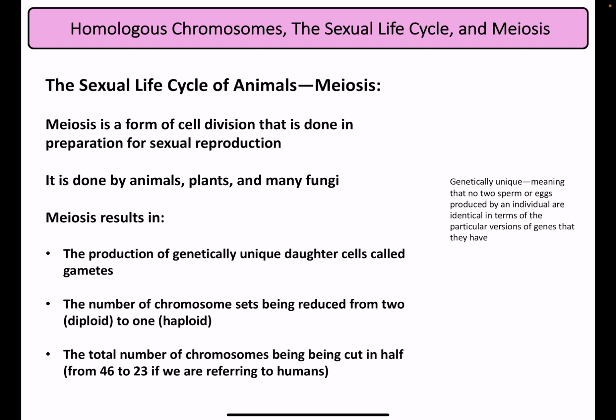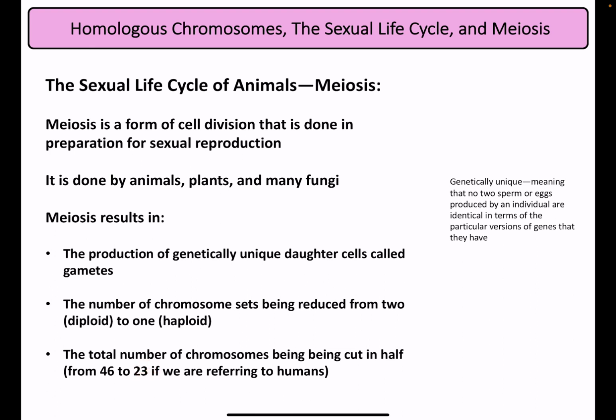And then lastly, most cells in your body, including the cells that we're going to start with, the parent cell in meiosis, have 46 chromosomes in total. But as a result of meiosis, we're going to cut that number in half. And the resulting gamete cells will have 23 chromosomes.